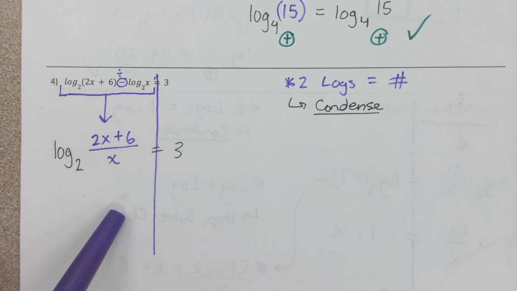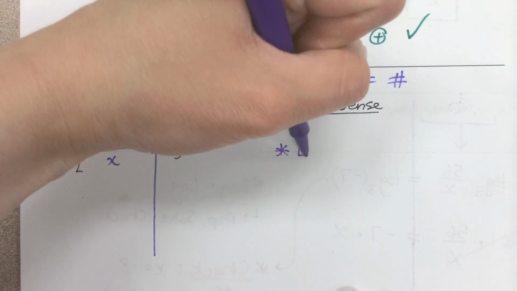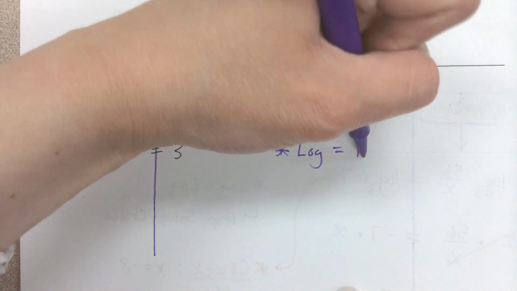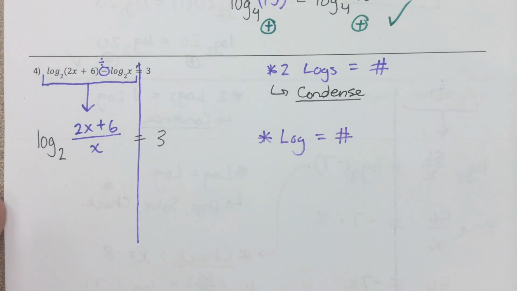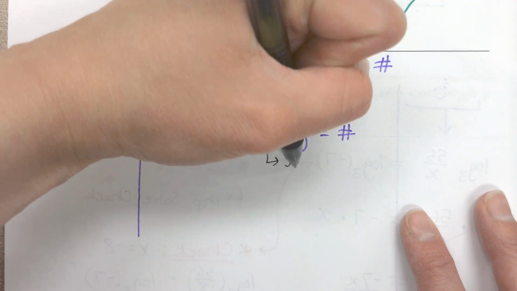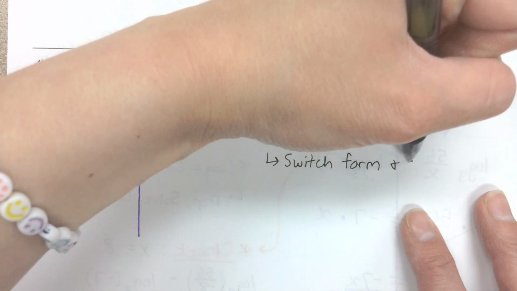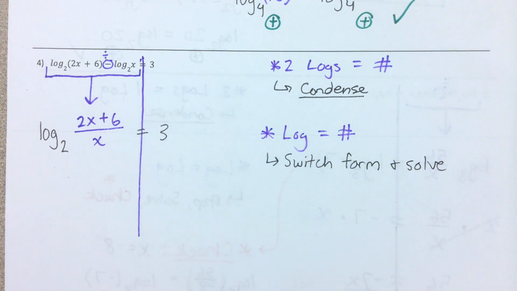Now we have 1 log on the left and then just a number on the right. So we are at log equals number, which we know how to solve. Log equals number means we switch the form and solve. No check is required.